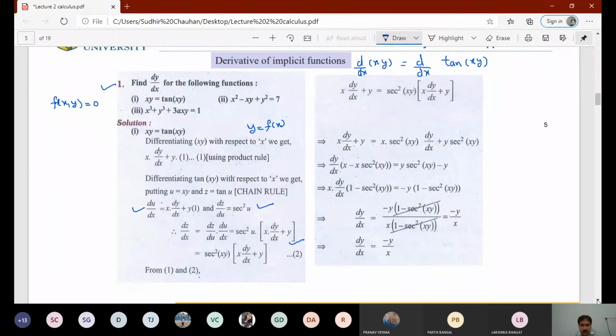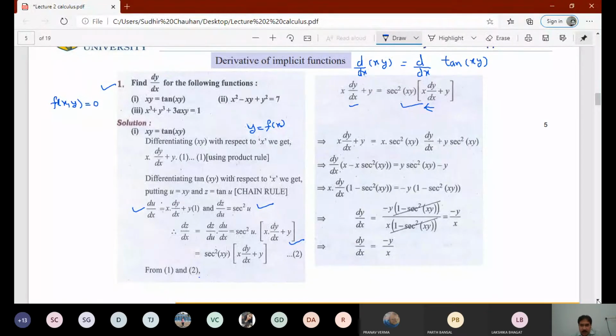So the differential of this is this, and the differential of 10xy can be written as this. From here now we have to separate dy by dx. So we can combine this expression containing dy by dx and shift it to the left hand side. So here we write it is x sec square xy dy by dx plus y sec square xy.